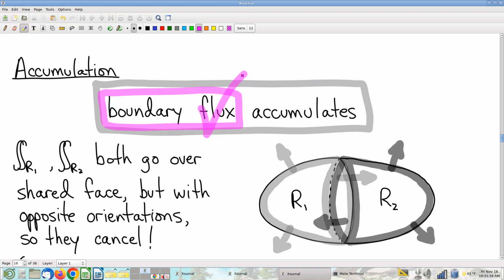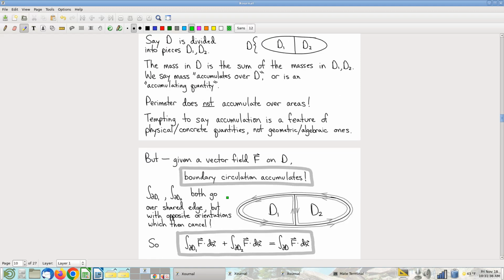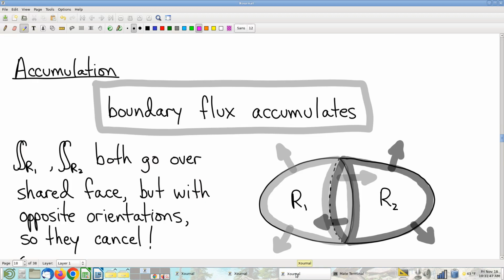Okay. So boundary flux is exactly what it sounds like. It's flux as measured through a surface that is a boundary of a solid. Like I say, exactly what you think. Boundary flux, as opposed to, when you're talking about Green's theorem, it was circulation, not flux, circulation that ended up being our accumulating quantity. Here, different context, different story. Here it's going to be boundary flux. Okay, so I claim that boundary flux accumulates.